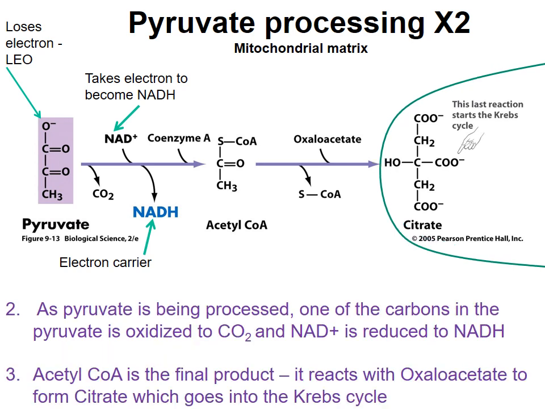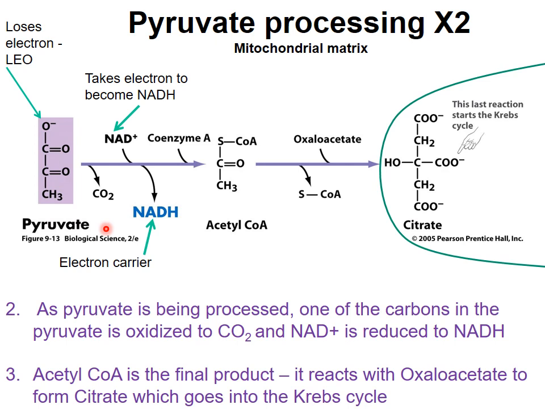So that's the first step in pyruvate processing. The second step is that as this pyruvate is being processed, which is in this section of the diagram over here, one of the carbon atoms in the pyruvate is oxidized. Remember what happens when there's oxidation? There's a loss of electrons, and an NAD plus is reduced to NADH.